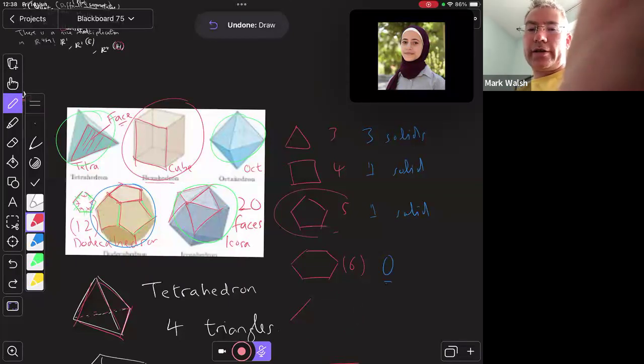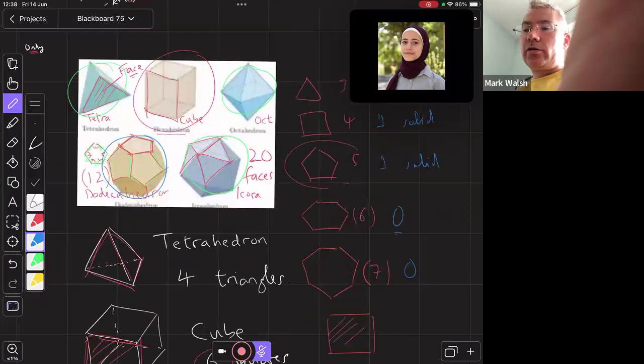Very hard to draw quickly. That's what I want to draw, something like this. So this is 7. And again, it's 0, no solids. And this pattern keeps going. You cannot build any regular solid, it goes on and on and on. It's all 0, 0, 0, nothing else.